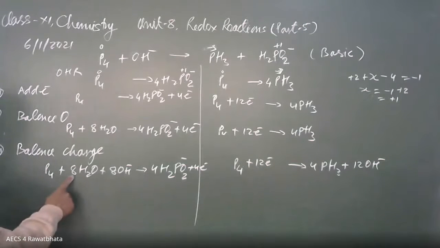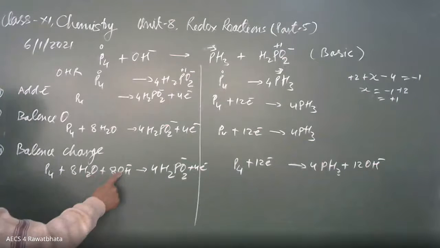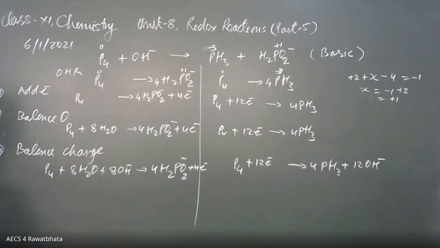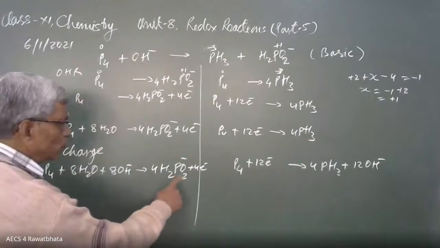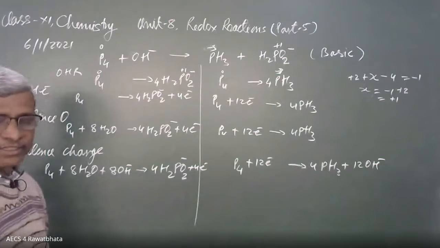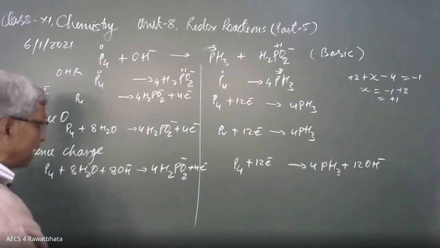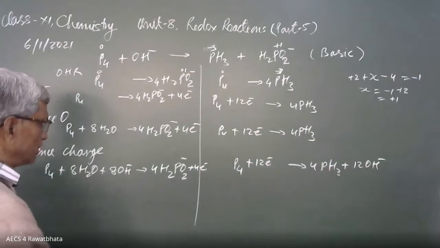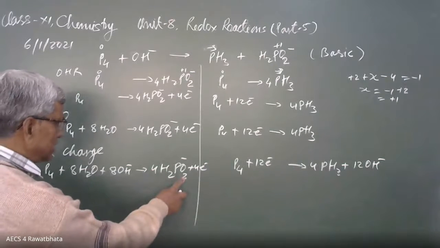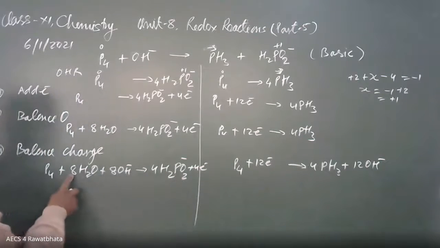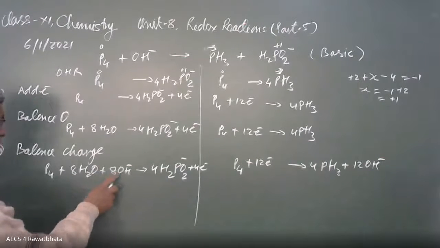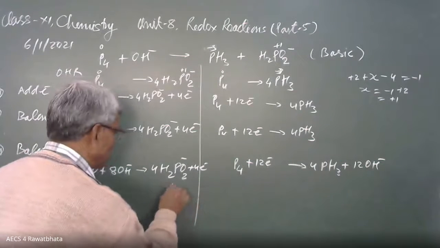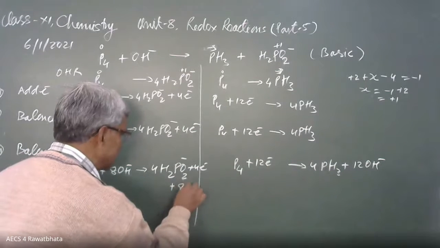Here 8 oxygen and 8 oxygen, 16 oxygen on the left side. And here 4 2s are 8 oxygen, so there is a lack of 8 oxygen on this side also. So we have to add 8 H2O on this side also.